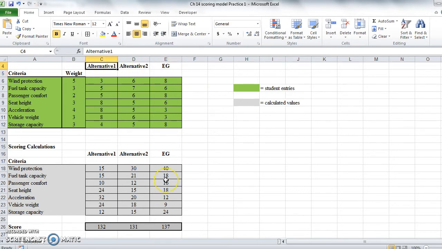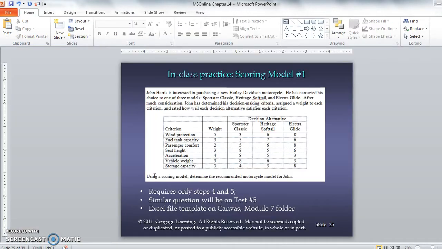So we had the Sportster Classic, Heritage Softail, and the Electric Glide. So that's how you would use Excel to solve this type of problem. I'll give you some more examples, and this should be pretty straightforward for you to do. Be prepared for a question on the test associated with this chapter.